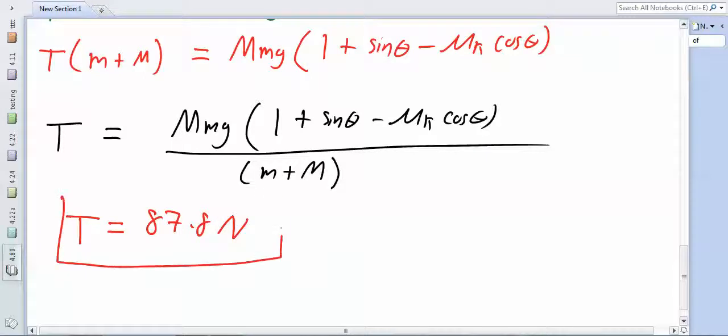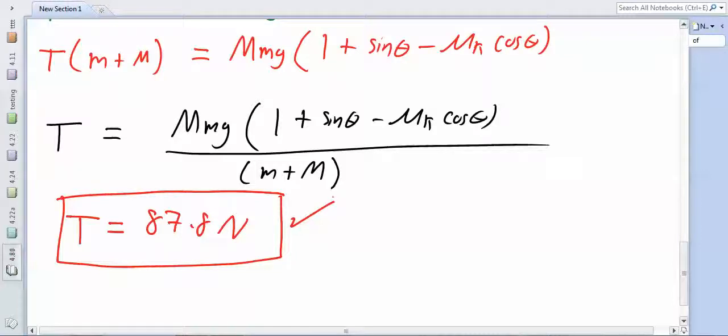I'd already worked that out ahead of time, so I had that number. 87.8 newtons is going to be the value of the tension, and so that's the answer that we need for the first part of the problem. So as the crate slides down the incline, what is the tension in the rope?